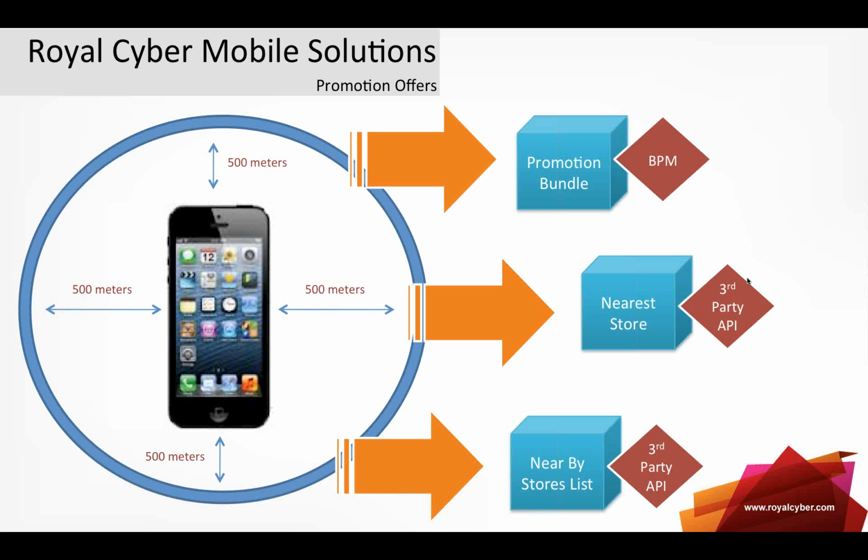So I'm walking on Fifth Avenue in New York, and I see a store there that has a campaign going on, or coupons, like a buy one get one free kind of deal.